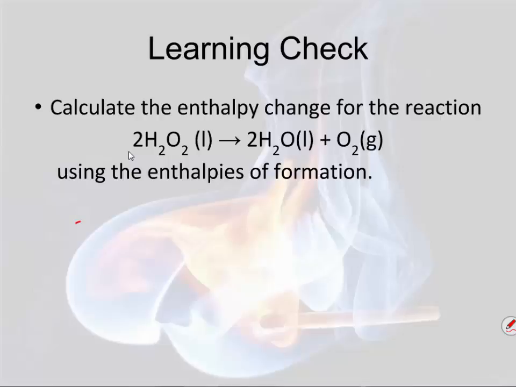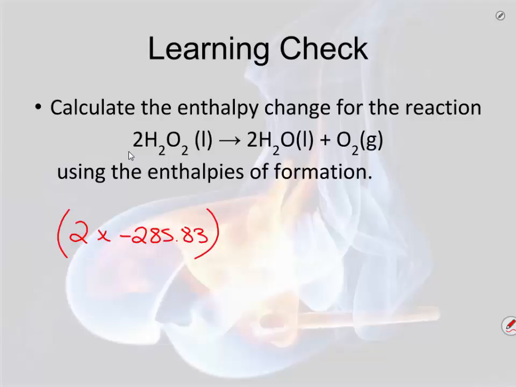I'm going to times that by 2. I'm going to add it to oxygen, which we know is 0 from our last problem. Okay, and I'm going to subtract that from my reactant. Not water, hydrogen peroxide. So liquid though, so negative 187.8.